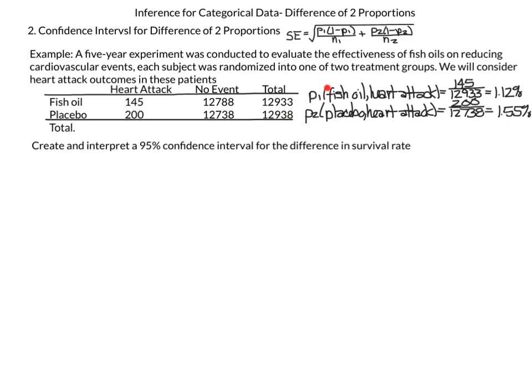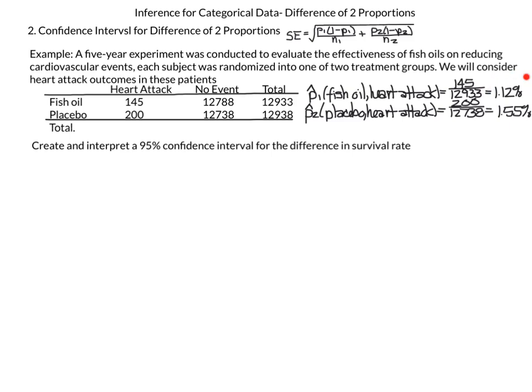So we can calculate our P1 and P2, and actually it's a sample, so I should have P1 hat and P2 hat. So the fish oil people, and here we're going to say success, with a little quotes around it, are the heart attack people: 145 over 12,933.